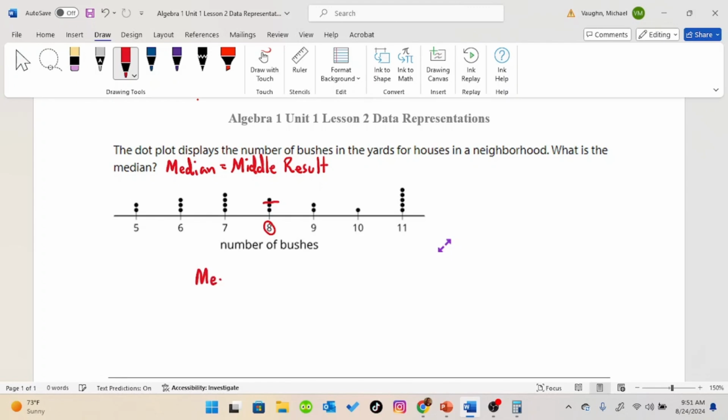That means the median is 8 bushes. So we could say that the typical house in this neighborhood has 8 bushes in the yard. If you have any questions about how to find the median from a dot plot, please use class time to ask for further clarification.